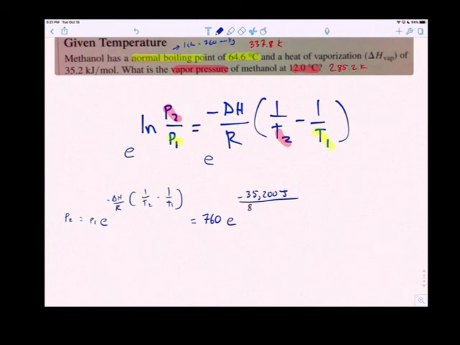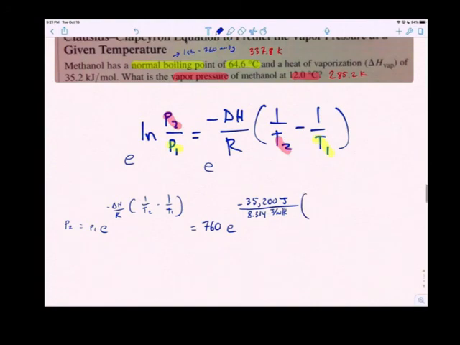Then R is 8.314 joules per mole Kelvin. And the temperature, so T2, is 1 over 285.2 minus 1 over 337.8.